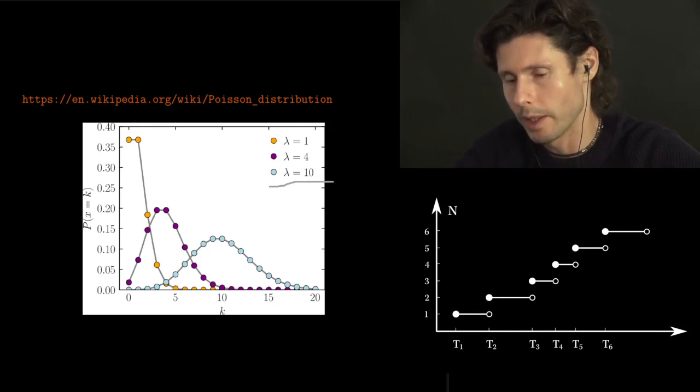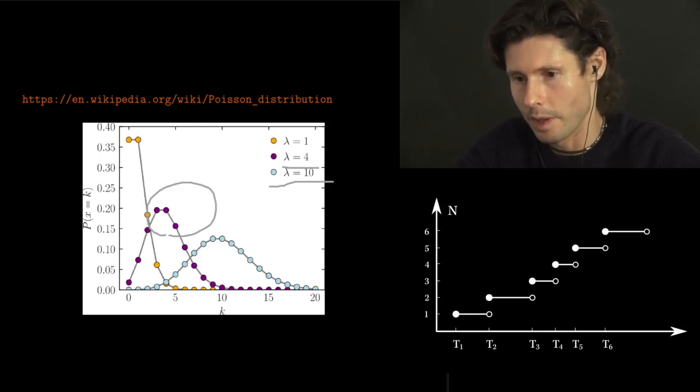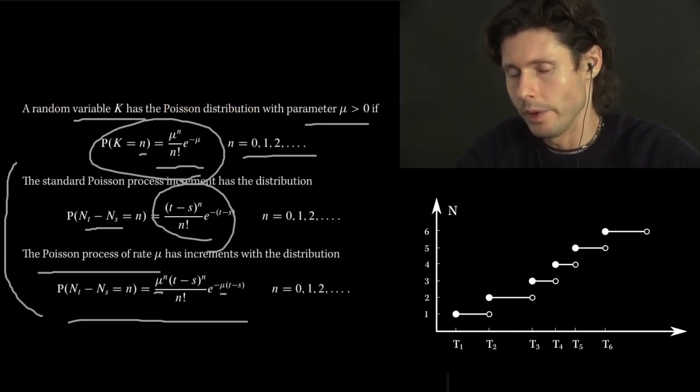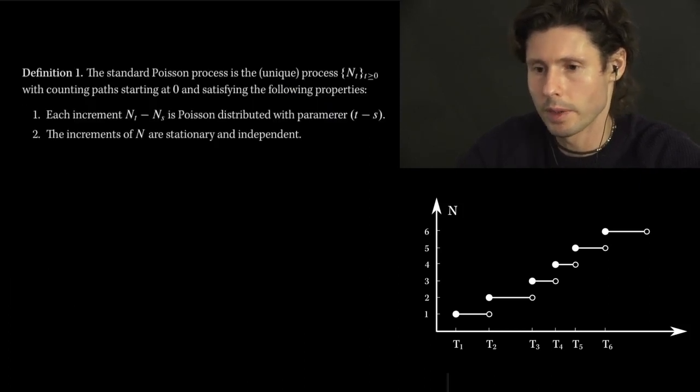So when lambda is here 10, you can see how the distribution concentrates around that rate parameter. Same thing for lambda equals 4. You can see the peak of the distribution is around the parameter of that distribution. And going back to the increments, the parameter is equal to the length of time that passes in between each of the increments, the starting and the endpoint.